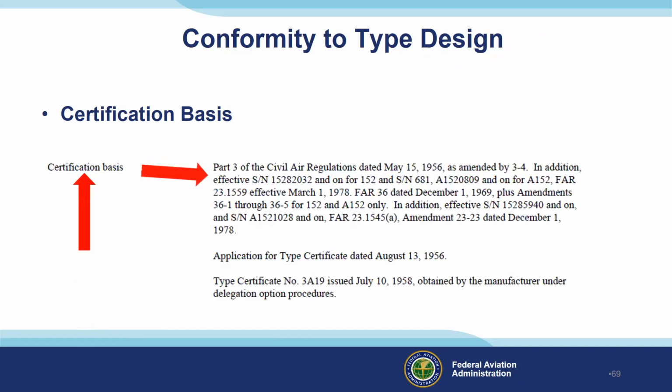This is an excerpt from that type certificate data sheet on the Cessna 150. It says its certification basis is Part 3. But now look, at a certain serial number and on, it becomes Part 23. So that is the certification basis for this model aircraft.